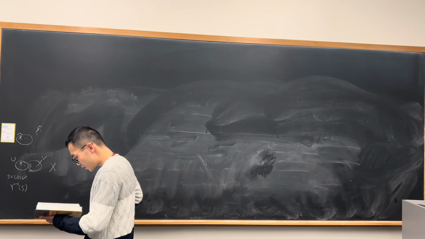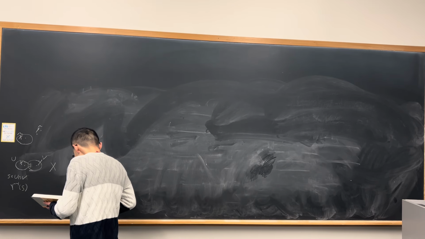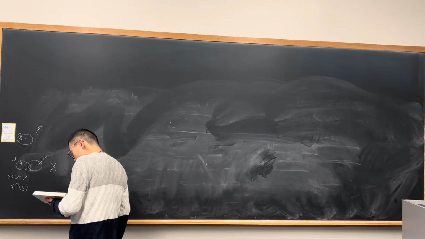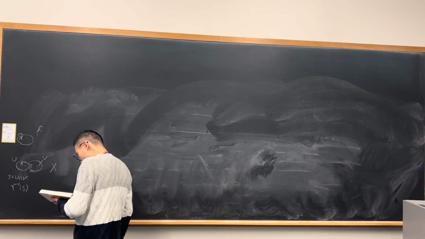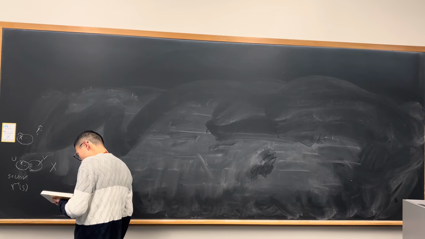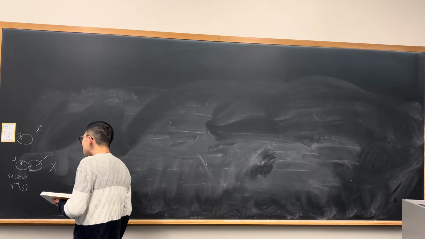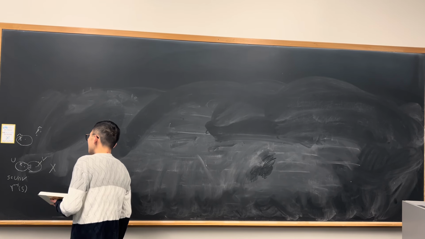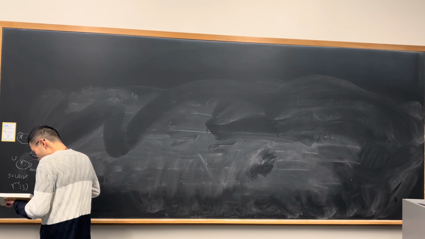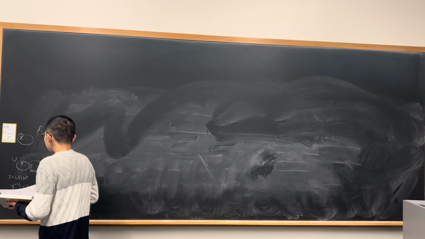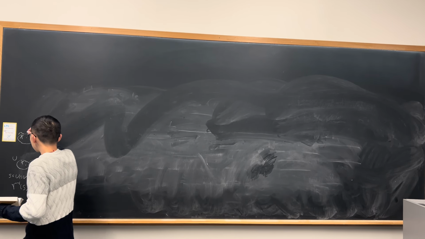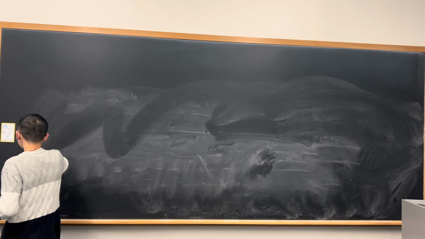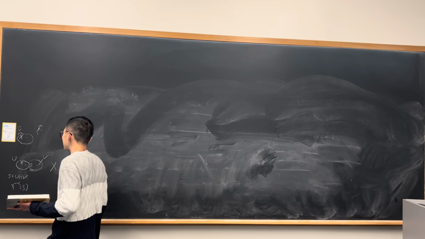By part E, we know that if U is an evenly covered domain in X, and U naught is a component of U tilde, which is gamma inverse of U, then the set... Basically, the idea is that this is an evenly covered open set that contains this x tilde on the image set.